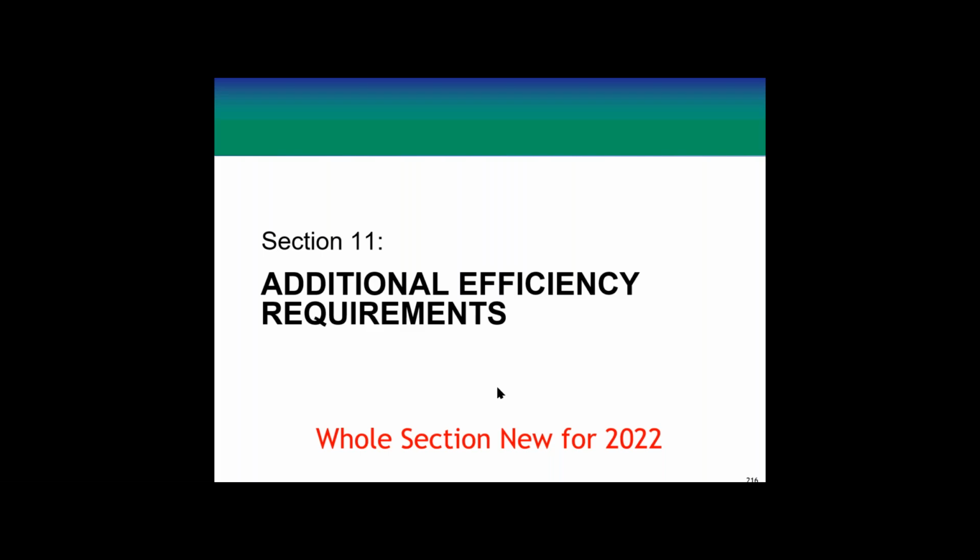So if you've been using the IECC, you've seen this type of thing before, but we're doing it a little bit different than they are. It is the same thing you're used to, in that after you've done everything you've normally done to comply with 90.1, you have to do additional efficiency requirements to be in full compliance.